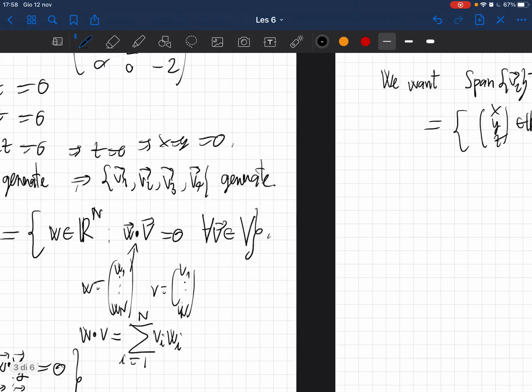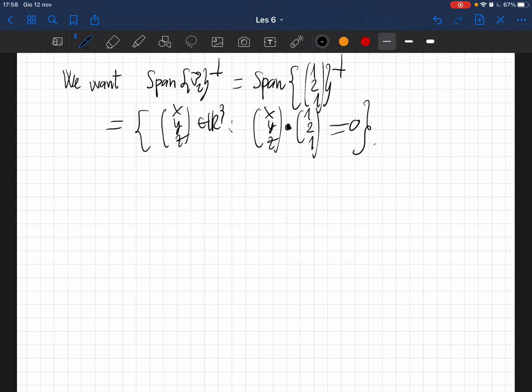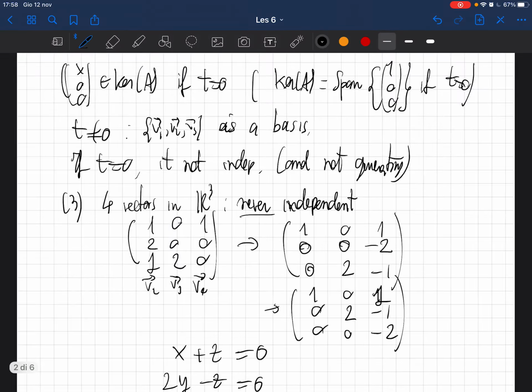So this is actually just computing x plus 2y plus z equal to 0, and we are asked to find a basis.